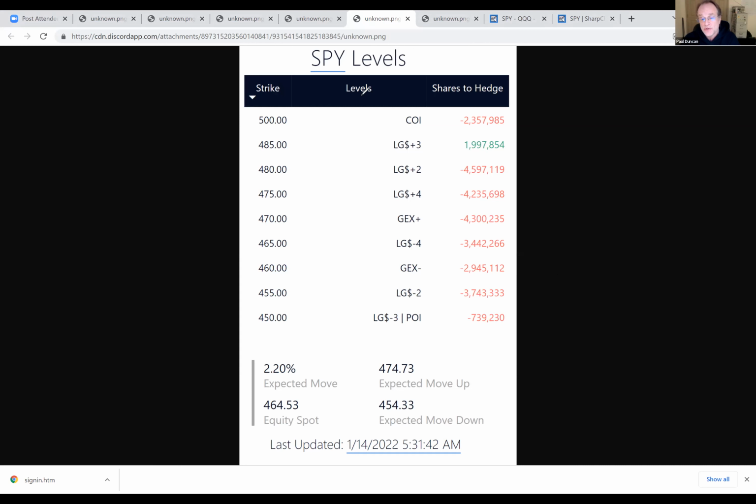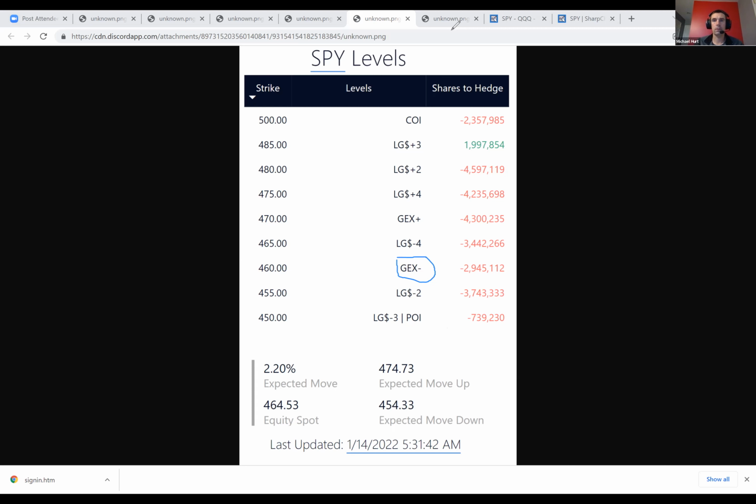LG means large gamma, and it's ranked. Where you see GEX minus, and then -2, -3, -4, and then +2, +3, +4, etc., those are either positive gamma, think of the green bars, or negative gamma, think of the red bars. These are just the key levels that we're looking at for the day.